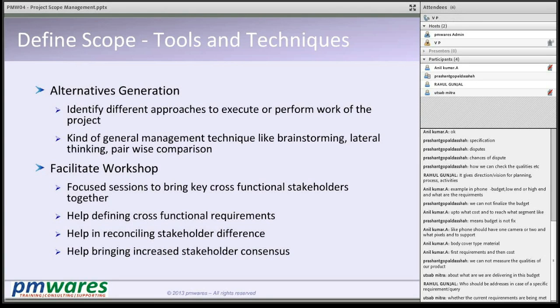You know that through way one you can achieve it, but that is much more costly. If you use way two, the same thing can be achieved at a lower cost. Now you take both of these alternatives, and then you decide on one of them. So that method becomes part of the scope: developing by this method is only in the scope, not any other method. Facilitated workshop you already know.